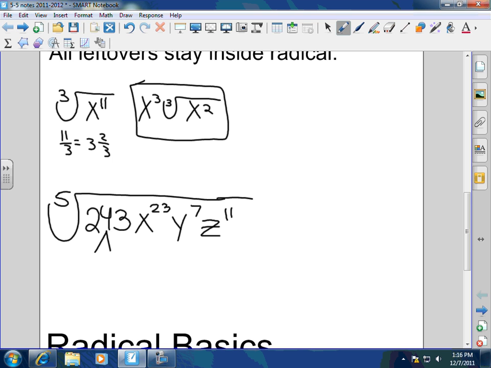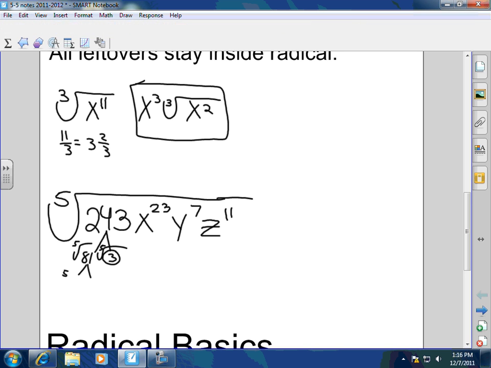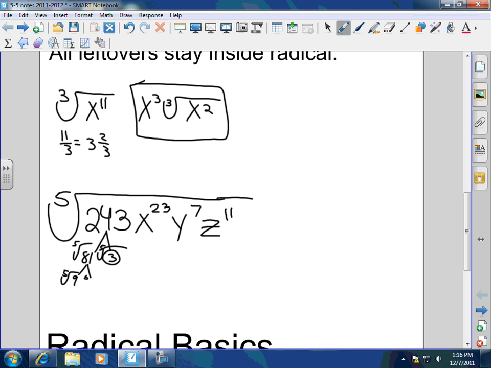243, gentlemen, breaks up into 81 times 3, correct? You can circle the 3 if it makes your life easier, because you can't go any further than that. 81, you can put them in the 5th radicals. Now 81 could be broken down into the 5th root of 9 times the 5th root of 9, which can be broken down into the 5th root of 3 and the 5th root of 3.